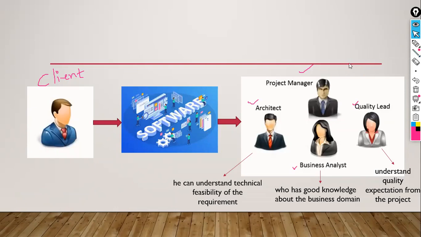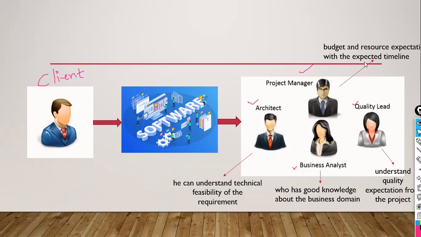And finally the project manager. What this project manager will do is work on the budget and resource expectations with the expected timeline. How much budget is going to be there for this particular project, how many resources are required, and when can we close this project?